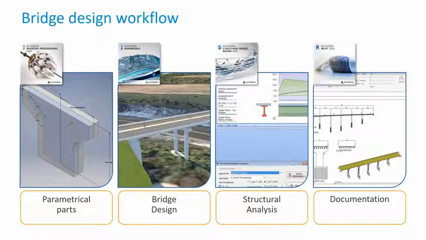However, this is something which is used, let's say, for a short period of time when you create this parametric library, and then you just utilize it. So basically, it's just a question of renting maybe Inventor for 3 months to create a library, and then you are done, and you can reuse all the data again and again and again. In InfraWorks, where you will make the bridge design.